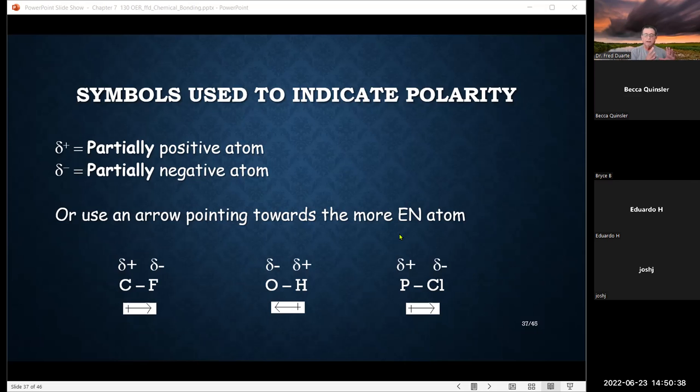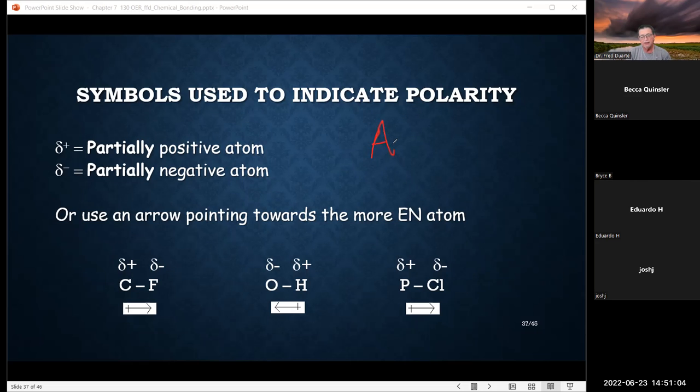That doesn't mean it has a positive charge. It has what I stated, a partial positive. That symbol is a lowercase delta, which means partial. And it's only partial because when you have equal sharing, there's equal electron density among the two atoms.